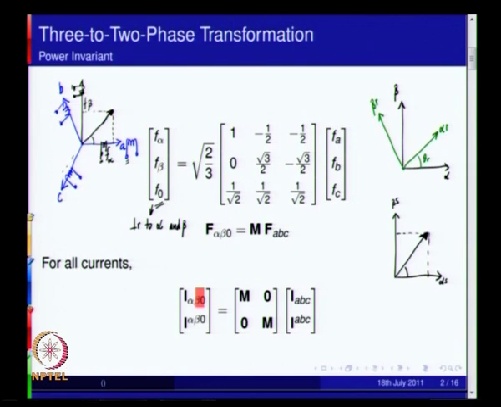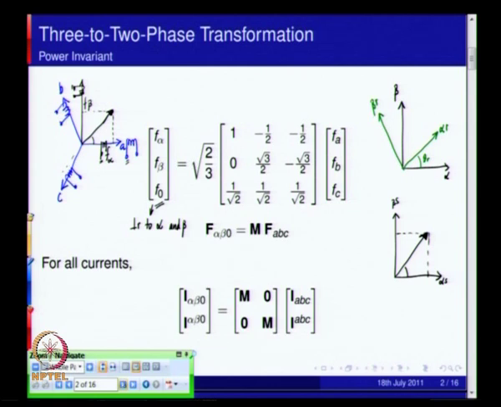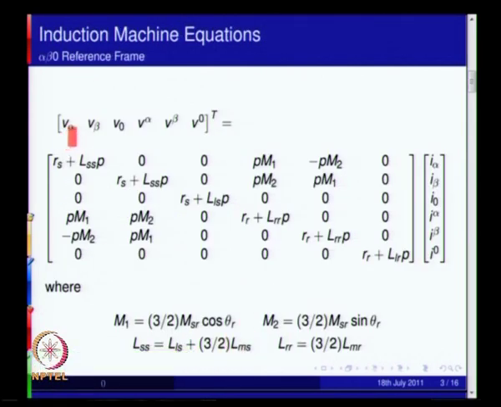So, this defines the 3 phase to 2 phase transformation, and similarly one can define a transformation for voltages as well, and then when these two are applied to the induction machine equations, what we get is this: you have V alpha beta 0 of the stator and that of the rotor transpose, that means this vector is given by this operational impedance description multiplied by the vector of I alpha, I beta, etc. Now, again in this case, because the rotor has been split into 2 phase components that are still rotating with respect to the stator, the mutual terms M1 and M2 which arise here are still dependent on the rotor angle.